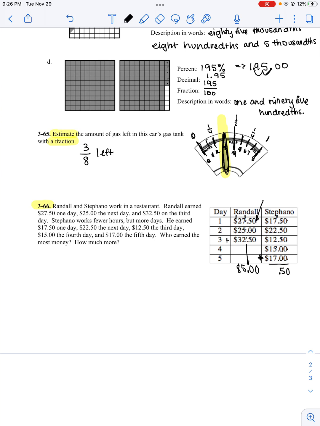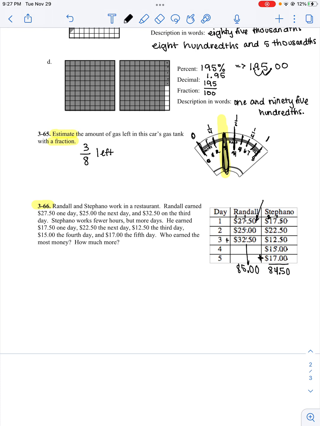Plus 5 is 17. Plus 7 is 24. 2 plus 1 is 3. Plus 2 is 5. Plus 1, 6. Plus 1 is 7. And plus 1 more is 8.